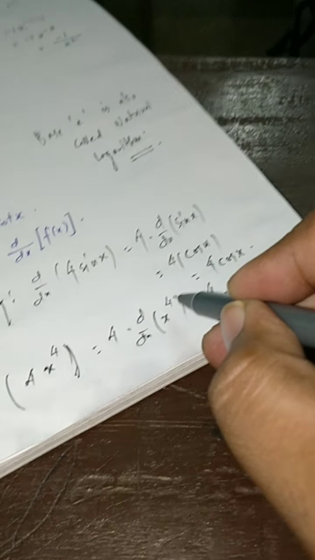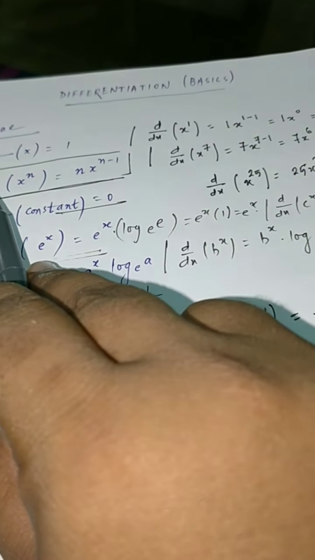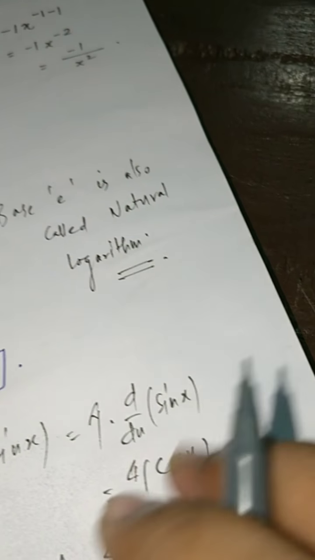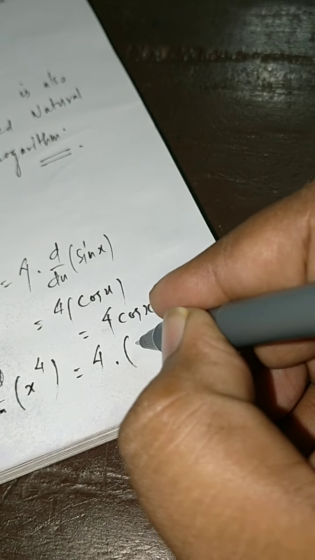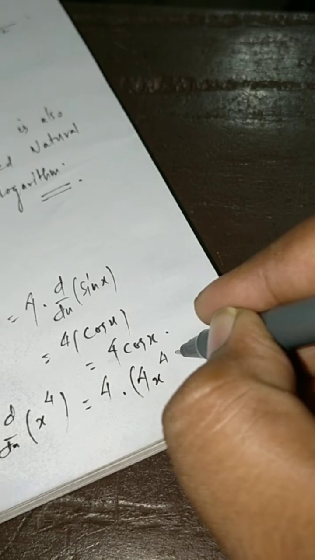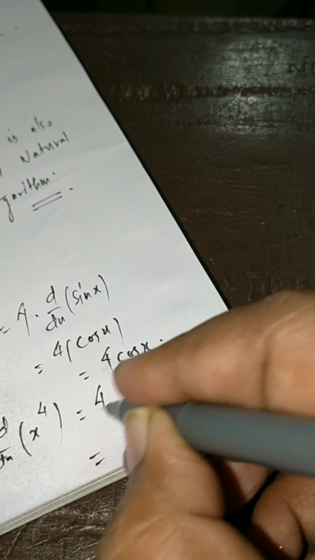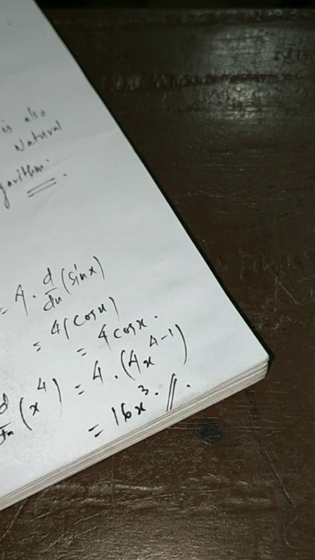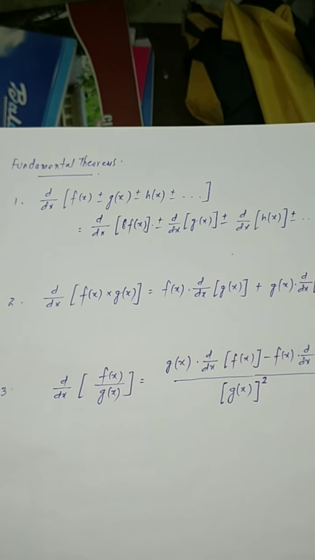What is d/dx of x power 4? As per formula number 2, that is 4x power 4 minus 1. So that is 4 into 4, 16x cubed. This is the answer. Now we are going to discuss the fundamental theorem.